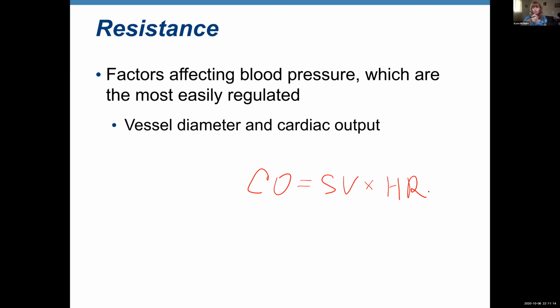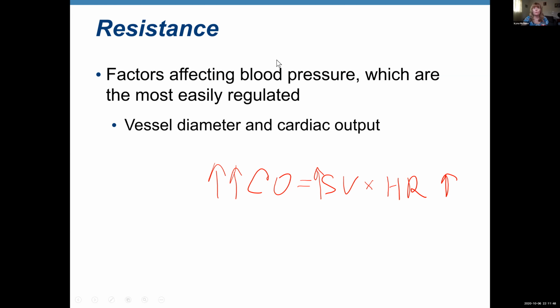Heart rate can be regulated, let's say by your sympathetic nervous system, which can increase heart rate, and that would increase cardiac output. Stroke volume can also be regulated by increasing the contractility of the heart muscle, the myocardium, for example by your nervous system, which also increases cardiac output.